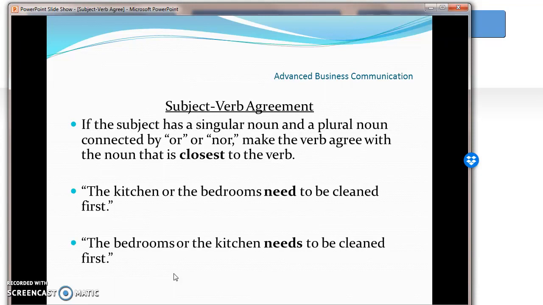If we reverse that same sentence, our verb should change: The bedrooms or the kitchen needs to be cleaned first. You can hear that intuitively. It just sounds right. It's agreeing with the noun that is closest to the verb when they're separated by an or.